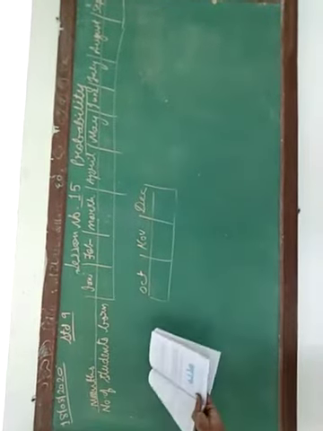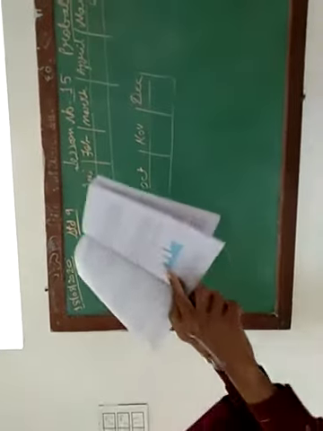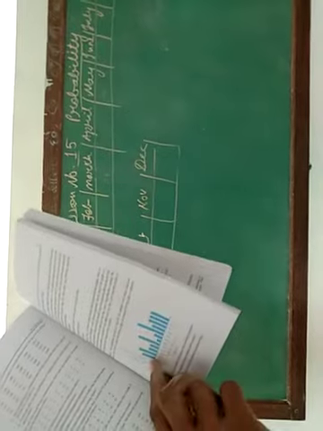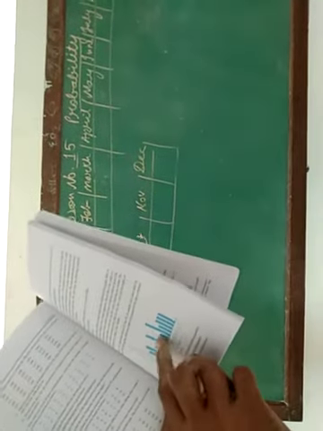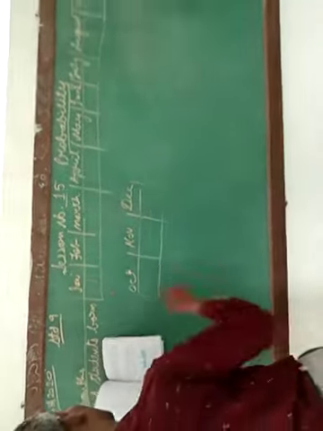Look here, in this graph: in January it is 3, February 4, March 2, April 2, May 5, June 1, July 2, August 6. Like this we have to write the number of students.